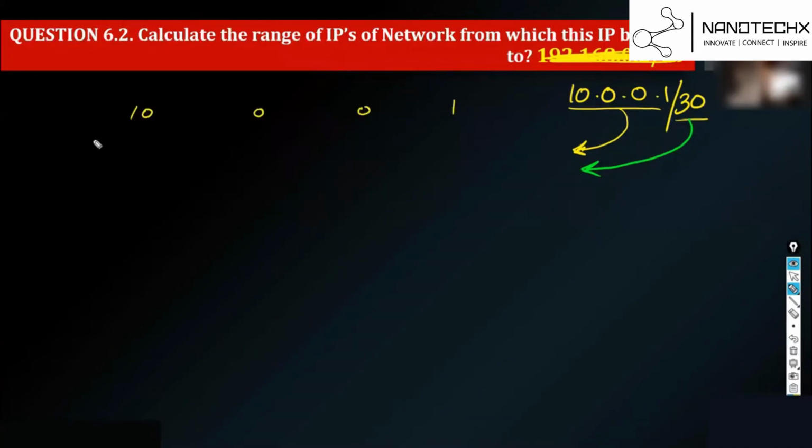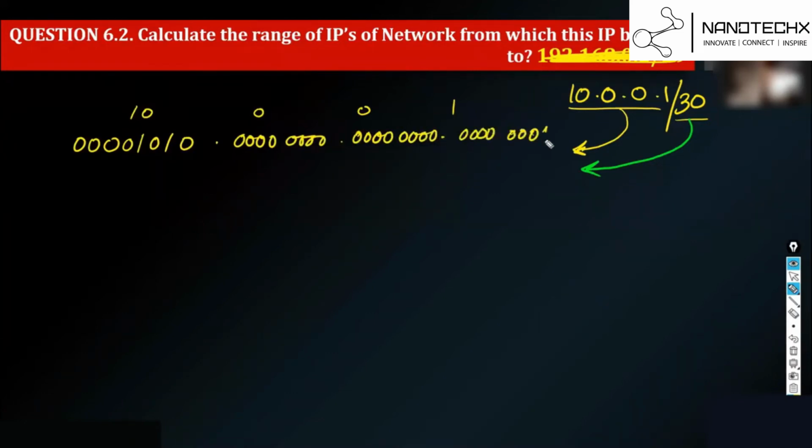10.0.0.1. So 10 in binary, I already know, is 0, 0, 0, 0, 1, 0, 1, 0. Then dot 0, 0, 0, 0, 8 times zeros, again dot 8 zeros, dot 1 is 0, 0, 0, 0, 0, 0, 0, 1. And then the subnet mask: /30 means how many times 1? 30 times 1.